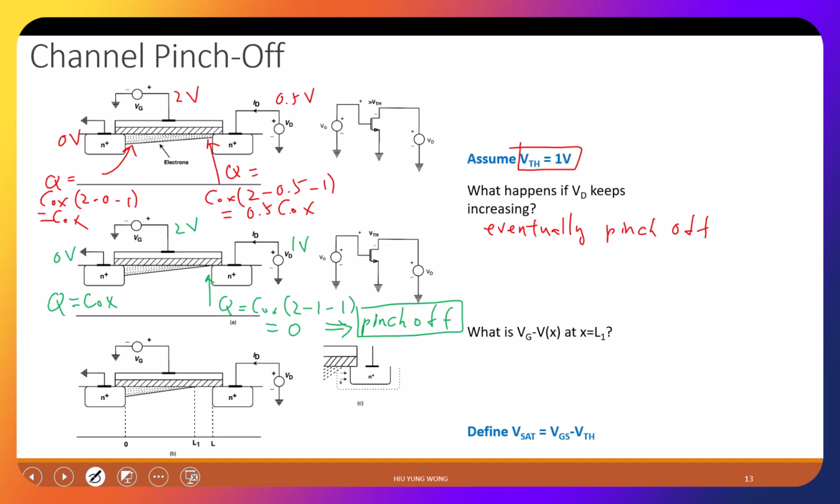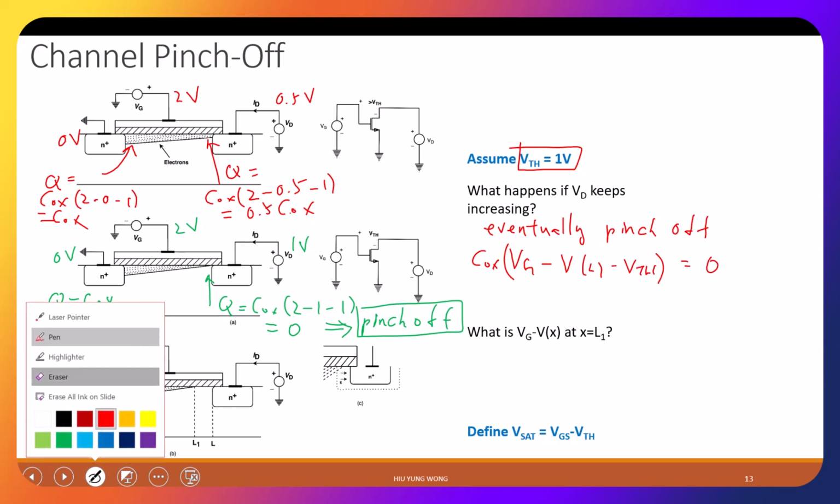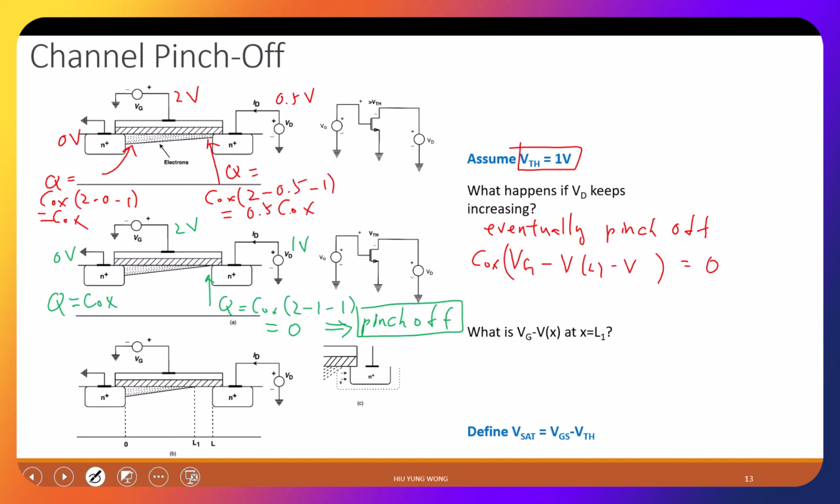The reason is Cox times (Vg minus V at L minus Vth) equals 0. In other words, this is Vd. So Vd equals Vg minus Vth. When Vd equals Vg minus Vth, you run into this pinch off region.